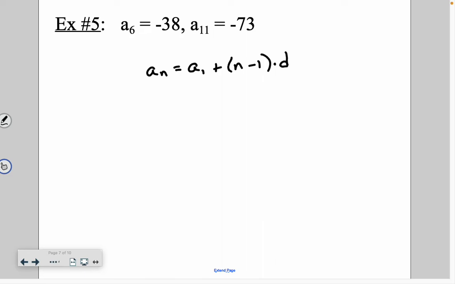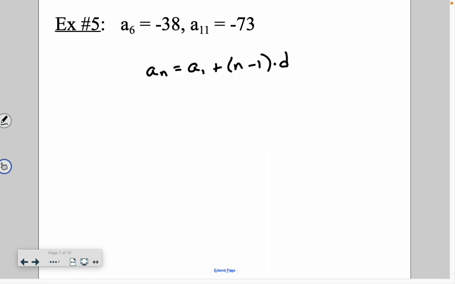So first question, what two pieces of information do I need in order to come up with the formula? I need the common difference and the first term, which right now I don't have either of those. Okay? But what I'm going to tell you is if I can find the common difference, then I can find the first term. That's exactly where we're headed.